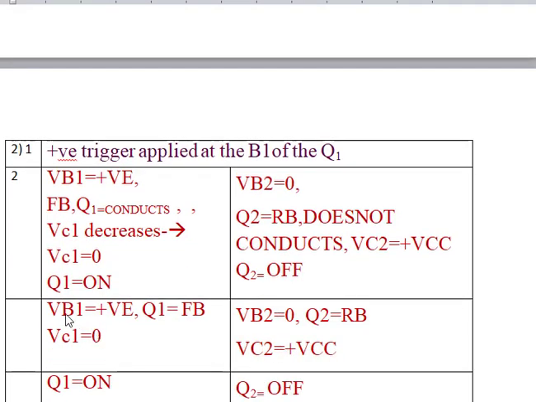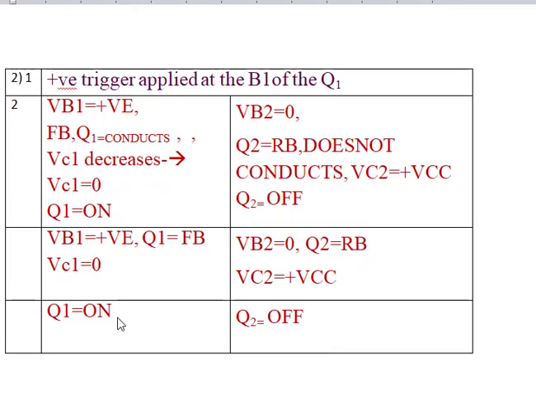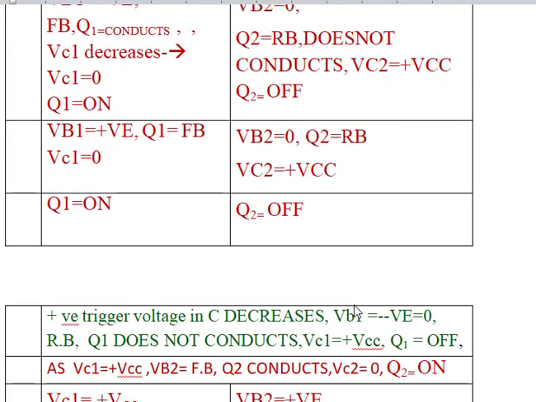Now the base of the first transistor is positive, forward biased, and its output voltage is 0. In the second transistor, the base is 0, so it is reverse biased, and its output voltage is plus VCC. Now the temporary state is Q1 in the on state and Q2 in the off state.